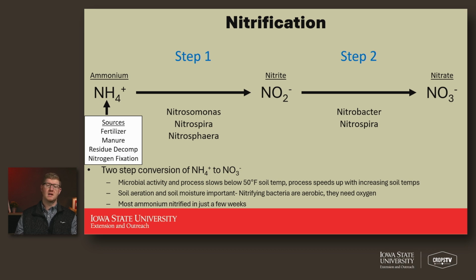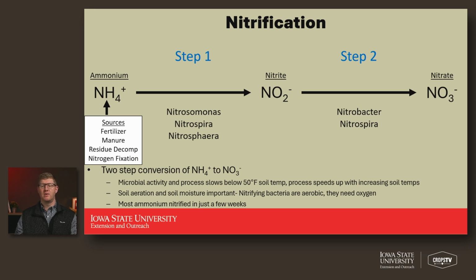So, some other things that can control this nitrification process are soil aeration and soil moisture. That's kind of a double edged sword, right? Typically, the more water that you have in the soil, the less air. And then the less water, the more air.